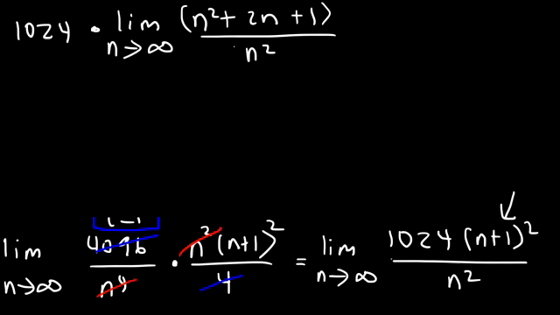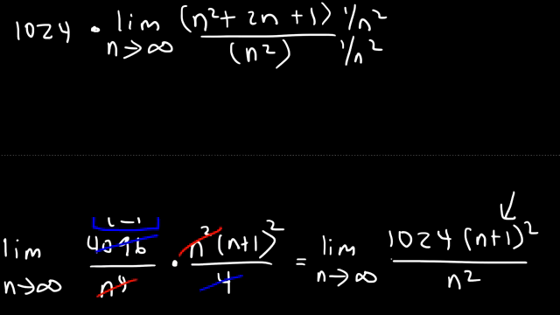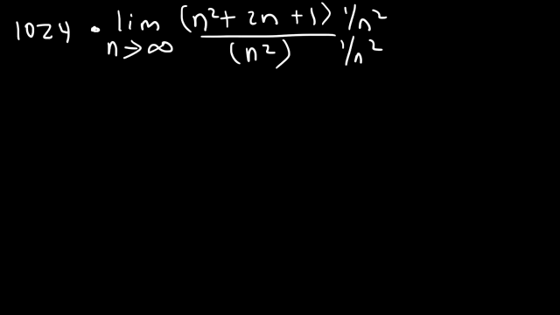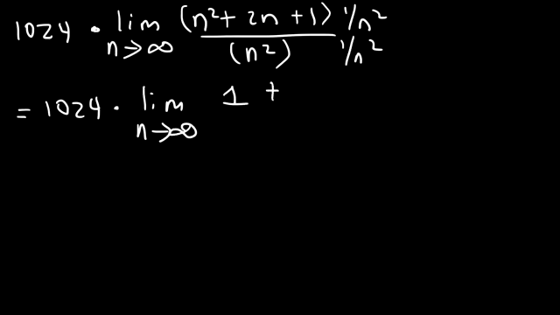Now I'm going to multiply the top and the bottom by 1 over n squared. And so we're going to get this. So it's going to be 1 plus 2 over n plus 1 over n squared divided by 1.